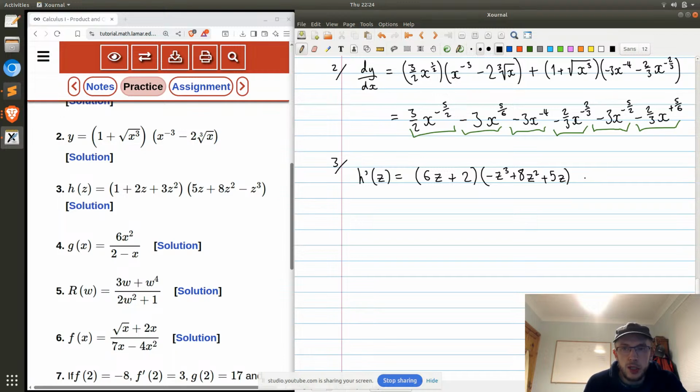And differentiate the second function and leave the first one alone, putting them in order. Negative 3z squared plus 16z plus 5.